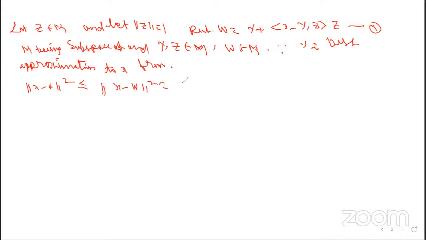This can be written as inner product of X minus W comma X minus W. So from 1, we will substitute in place of W.